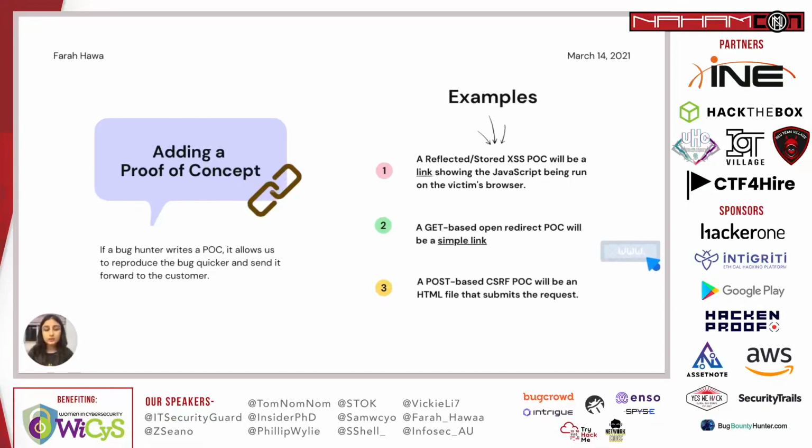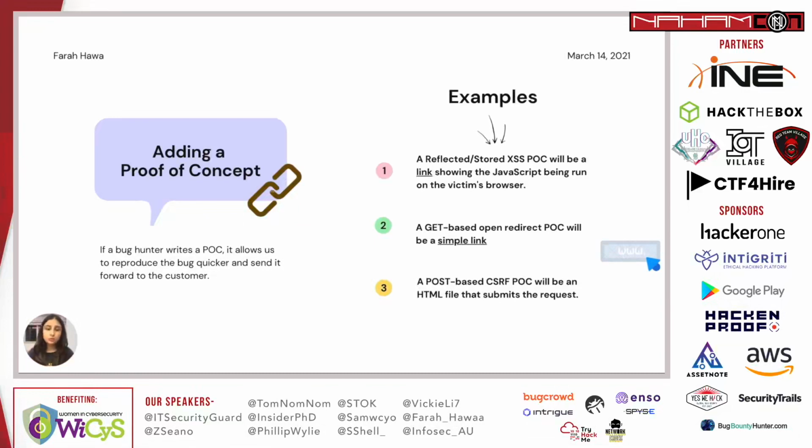And lastly, if you have a POST-based CSRF, all you can do is show an HTML file as a POC, and when the triager opens that in their browser and submits the request, it makes the changes on their account, or whatever the impact of your CSRF is in that case. So these are some examples of simpler POCs.